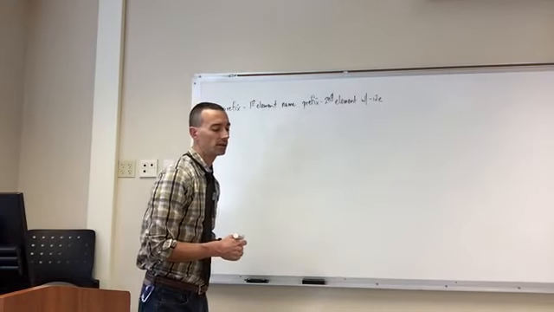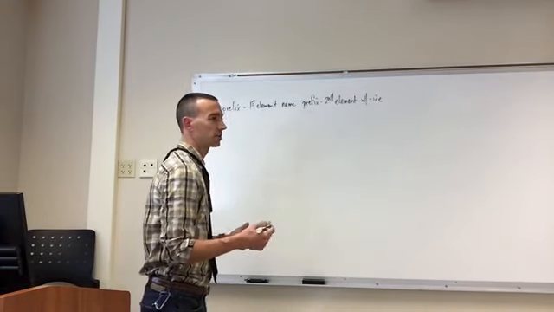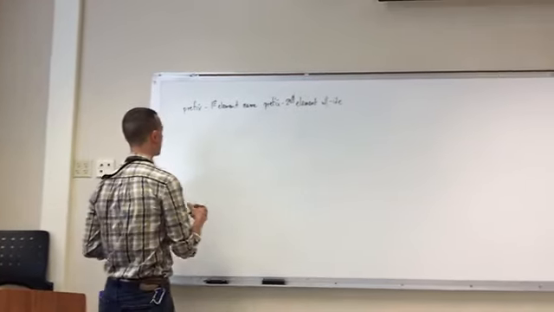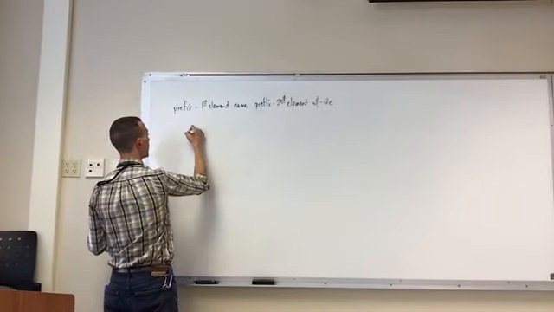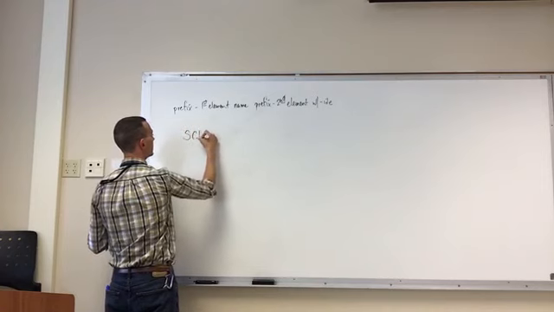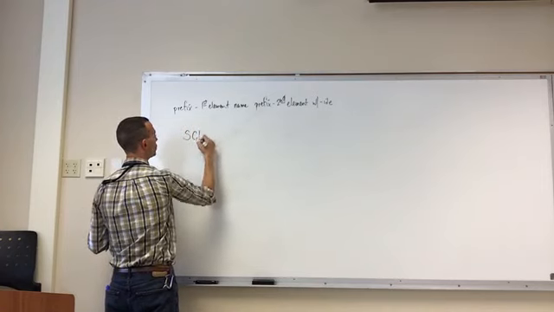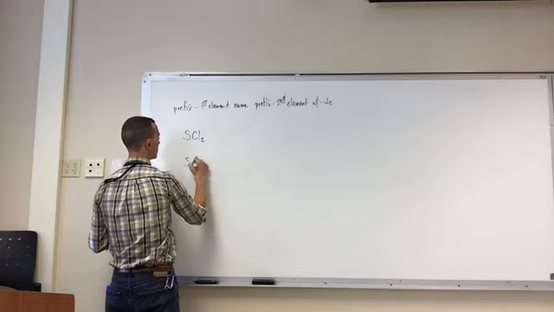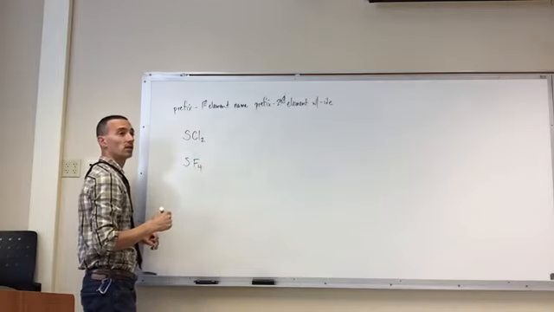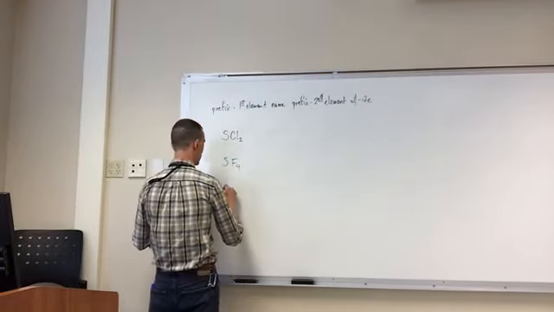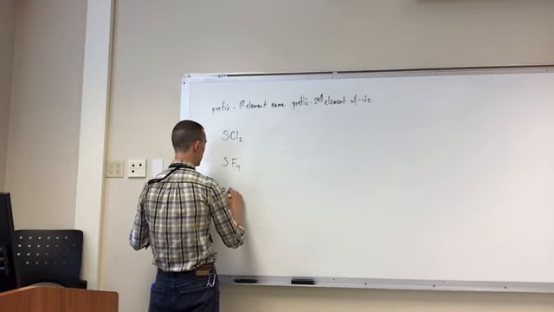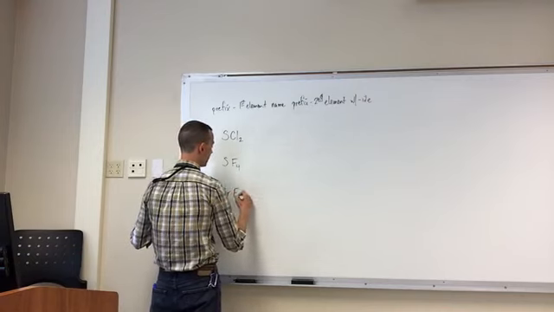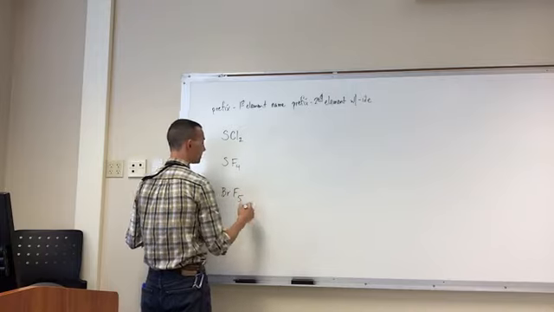So let's go through some simple ones for naming these. I'm going to pick just some random stuff here. How about SCl2, SF4. Sulfur does some nice variations in its naming patterns. Okay. BrF5.